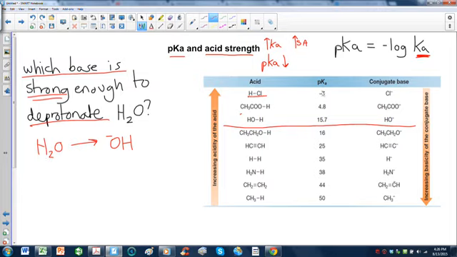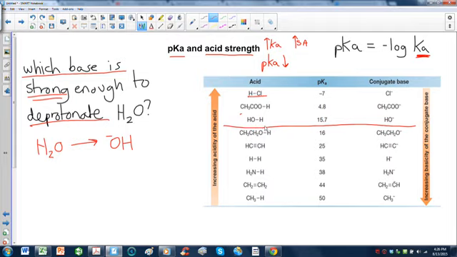Whether this data is in the form of a table or just a list of acids with pKa's, here's what you want to look at. Any base that's stronger than the conjugate base of what you're looking for, in this case water, is going to be strong enough to deprotonate that particular molecule.